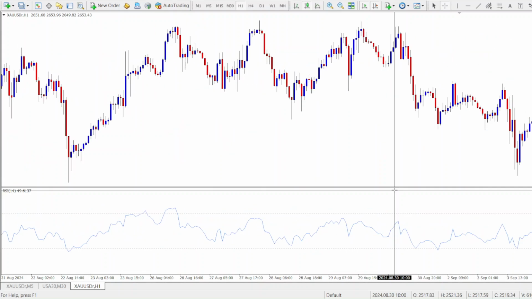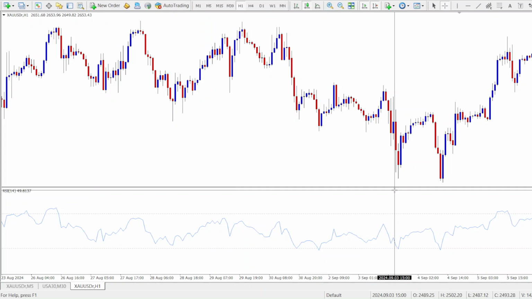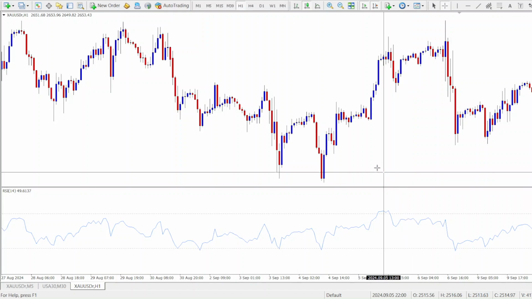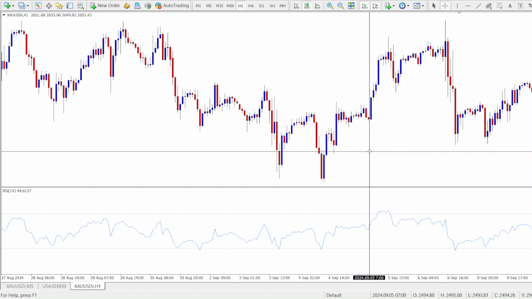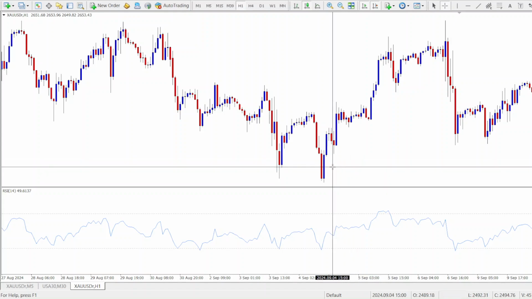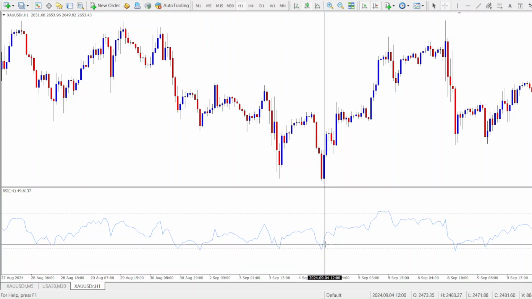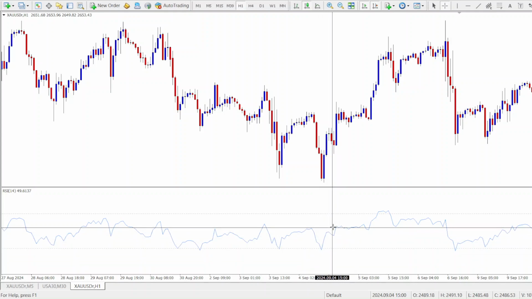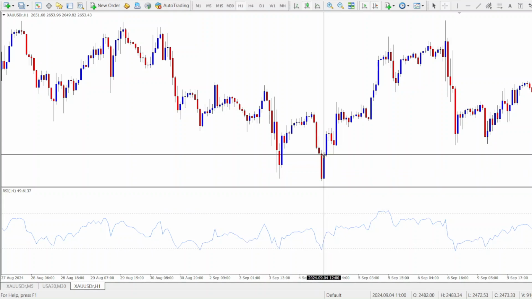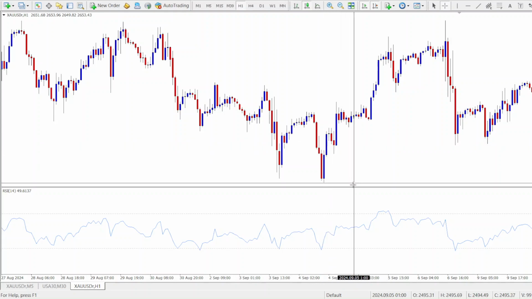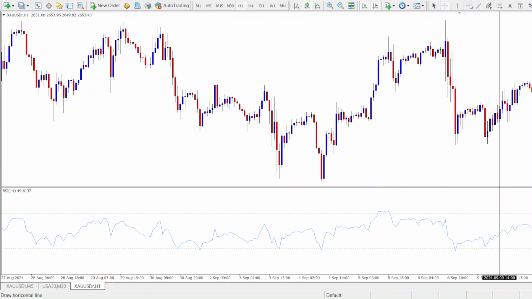When you find the bullish engulfing pattern, you want to make sure that the RSI is trending upwards, so that after the pattern forms, you can then enter your buy trade and set your stop loss below the support level. You can see there is a support level here.